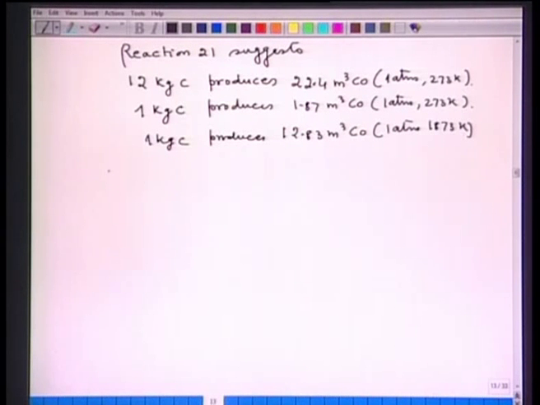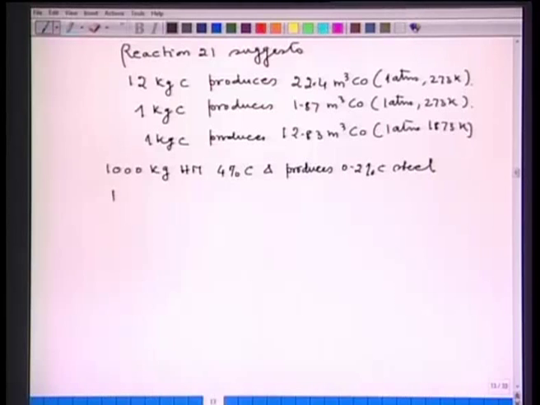Now, suppose I have 1000 kg hot metal which contains 4% carbon and produces 0.2% carbon steel, then what am I doing? Then I am removing 38 kg of carbon.